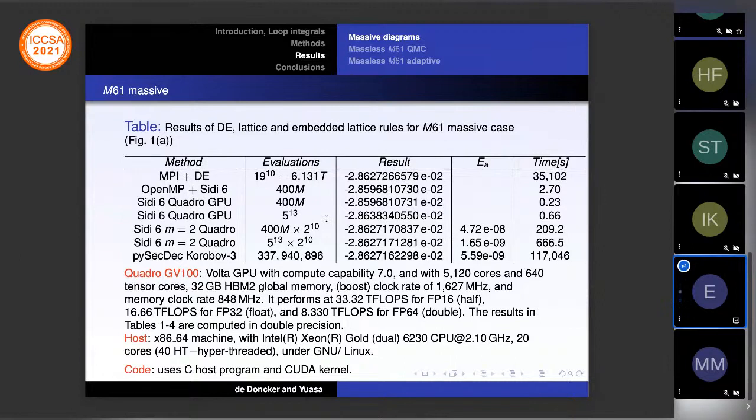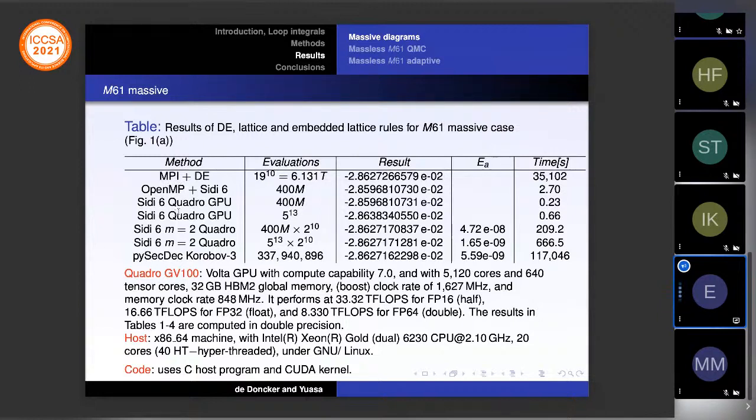For the methods, we have DE, double exponential, with MPI, so parallelized. The CD6 transformation, also parallelized with OpenMP, that is for multi-threading.